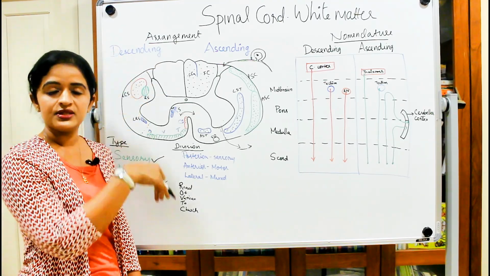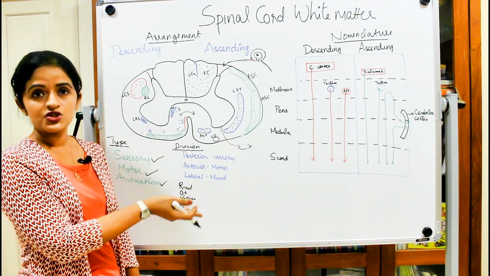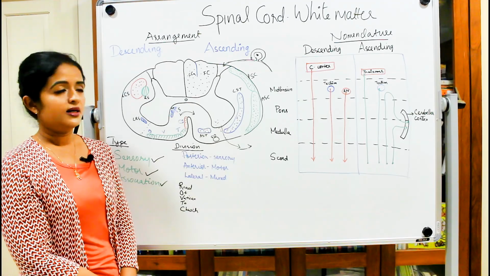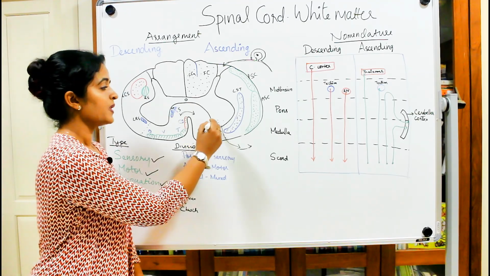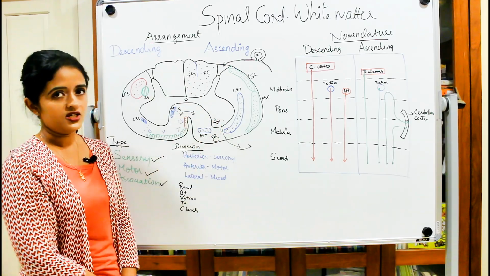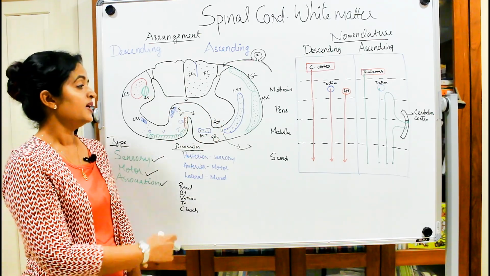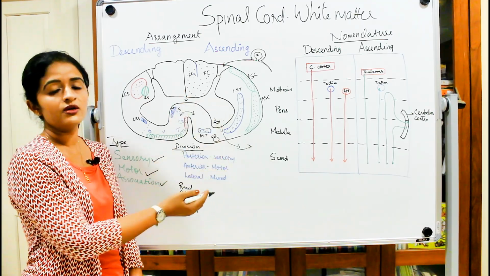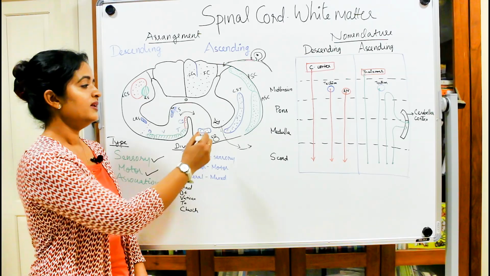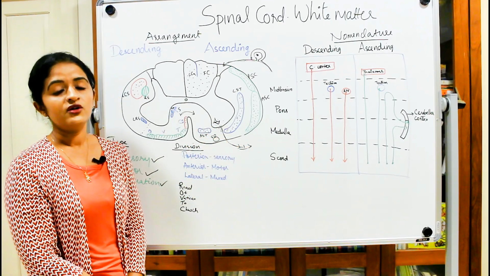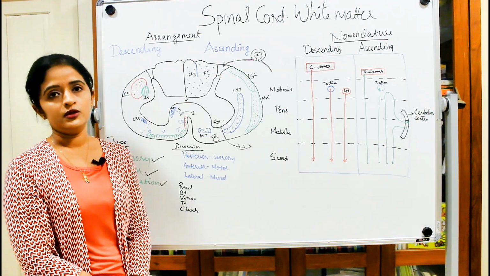Then you have long descending fibers which reach to the anterior horn cells. You have the anterior horn cells of the spinal cord here, and so the descending fibers will be terminating in the anterior horn, so that is group 3. Then you have the interneurons, the fibers which connect these neurons, that is group 4, and finally the nerve fibers which leave the spinal cord from the ventral horn, that is group 5.